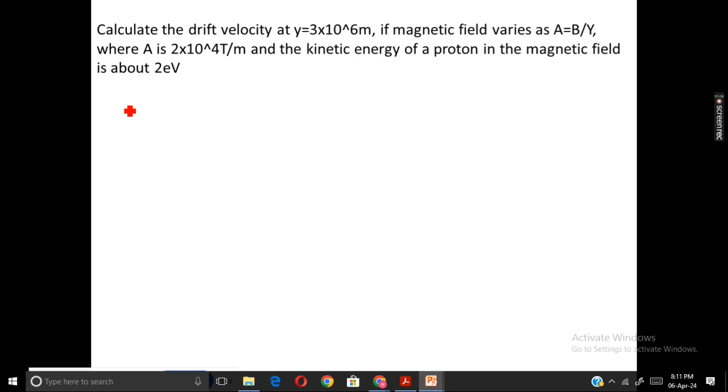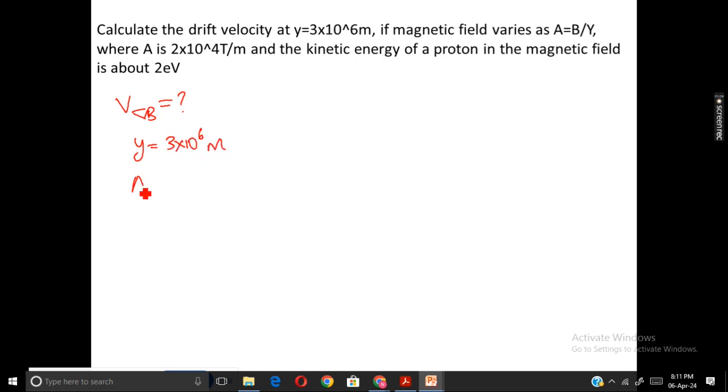But they have given the gradient of the magnetic field, which is given by B by Y. So let's assume they want us to calculate the gradient drift velocity, V_delta. So we are going to calculate the gradient drift velocity. They have given the value of y, which is 3 into 10 raised to 6 meter.